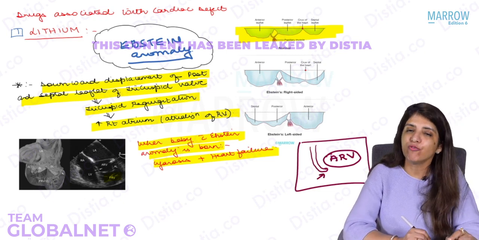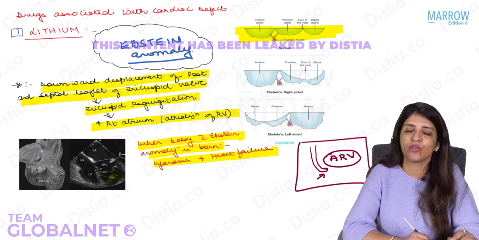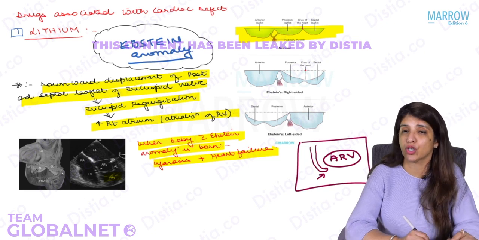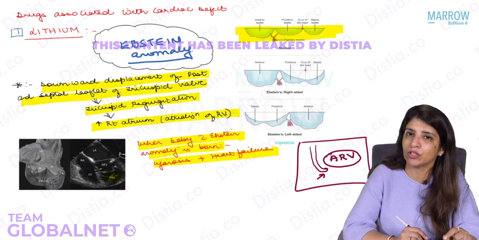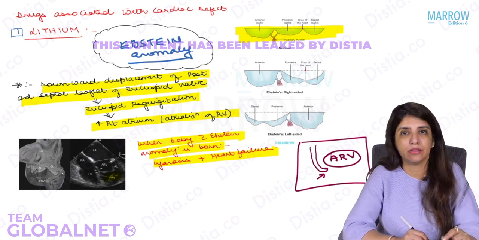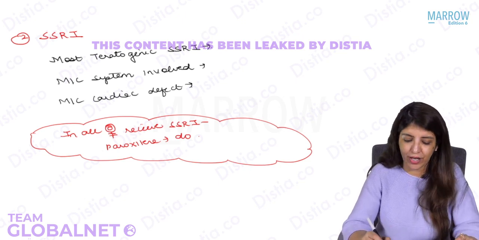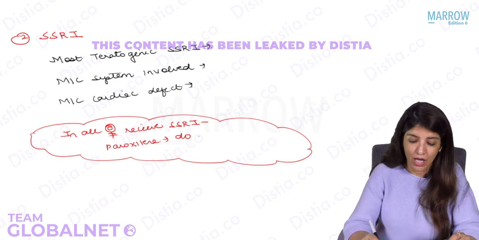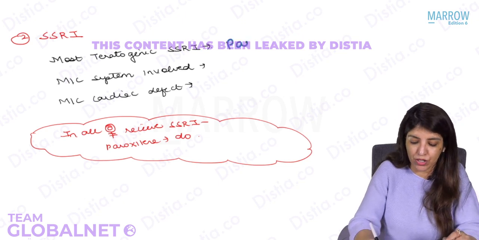If your question shows you an echo image with atrialization of the right ventricle written, or regurgitation of the tricuspid valve, and says the child is born with cyanosis and heart failure, what drug would the mother have taken? She would have taken lithium. Then, the next drug which can lead to cardiac defects is SSRI, selective serotonin reuptake inhibitors. The most teratogenic selective serotonin reuptake inhibitor is paroxetine.